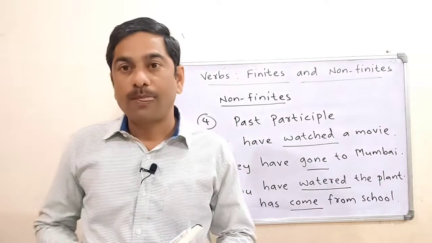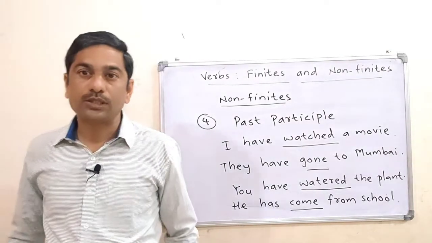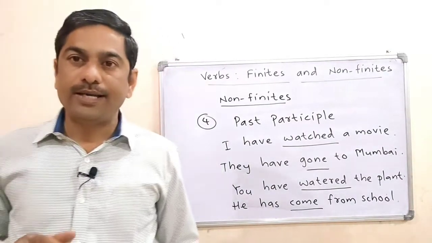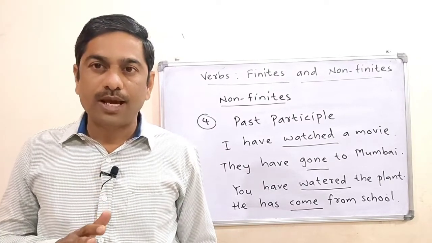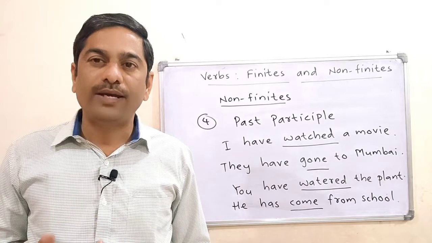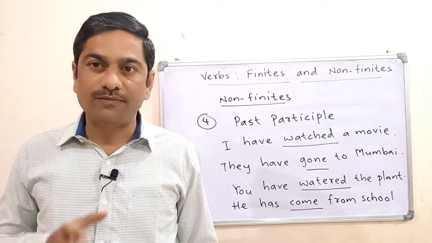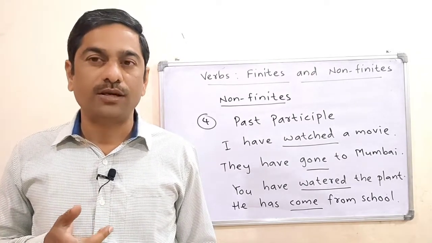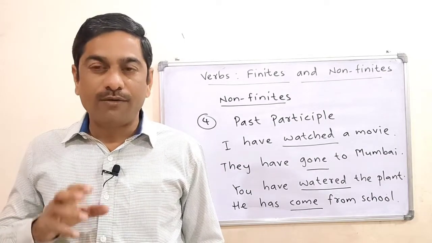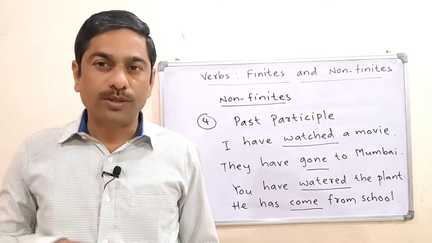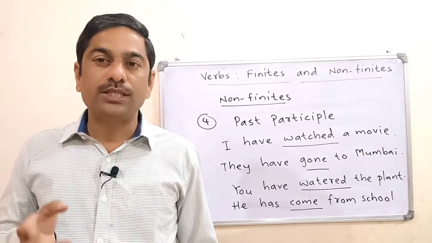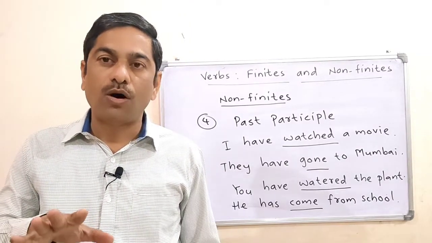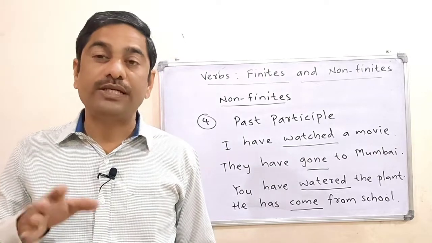So today we have spoken about two types of verbs. The first one is finite verbs and the second one is non-finite verbs. In short, finites and non-finites. What are finite verbs? Finite verbs are those verbs of which the form changes when you change the number, person of the subject, or when you change the tense.